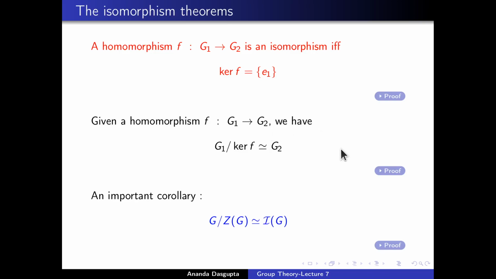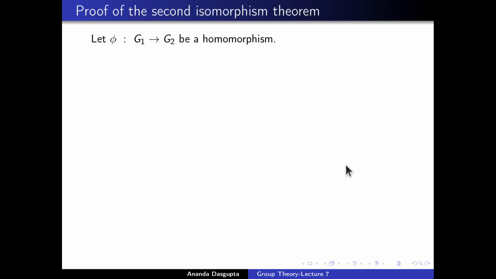This is the theorem, and that's what we are going to prove now. Once again, in the proof, I am calling the homomorphism by the letter phi. And what we will do is we will show you how to construct an isomorphism between G1 by ker phi, that is G1 quotiented by the kernel of phi, and the group G2.